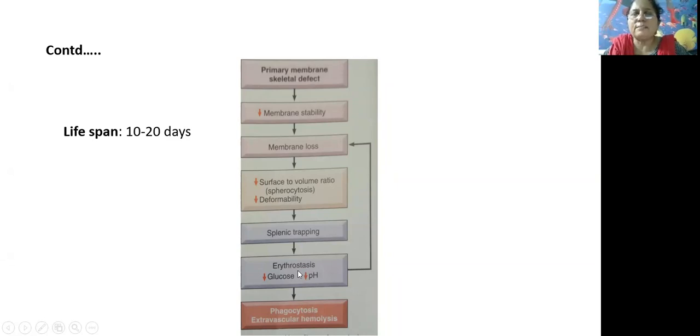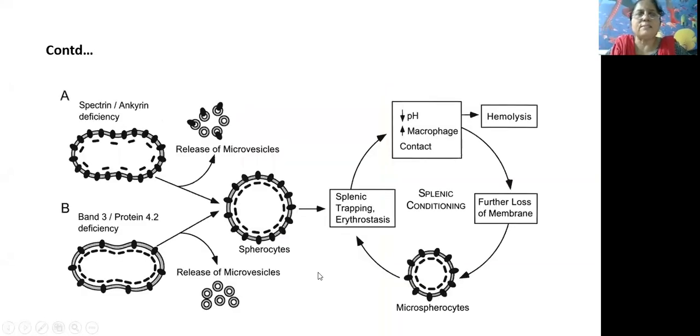Phagocytosis and extravascular hemolysis. You see, spectrin, ankyrin deficiency or band 3, 4.2 deficiency. These microvesicles are thrown out and released here, and spherocytes are formed. These spherocytes are trapped by the spleen. Also erythrostasis occurs.